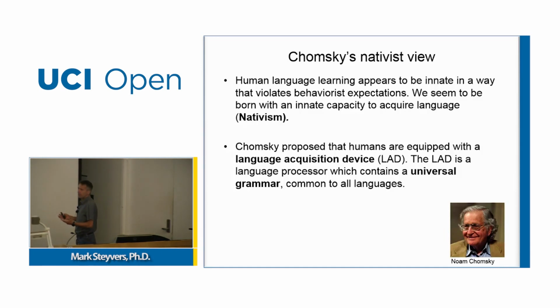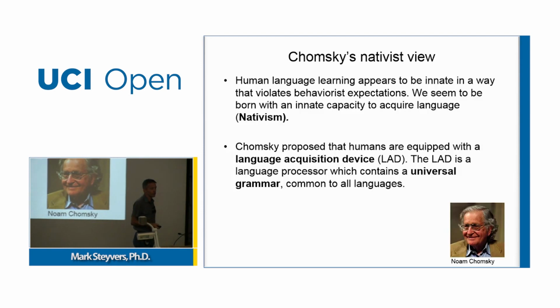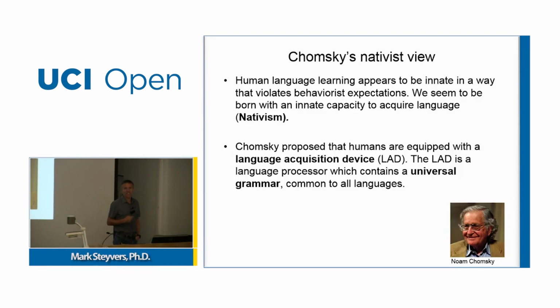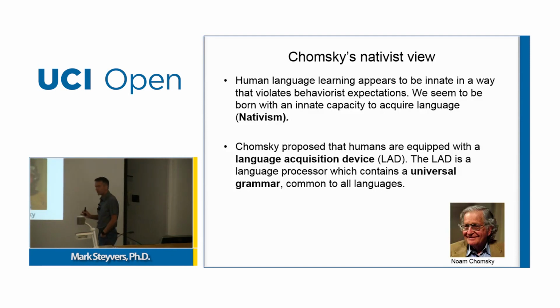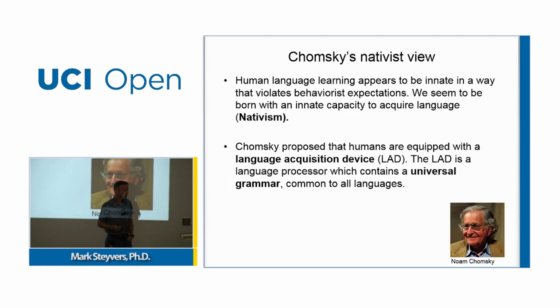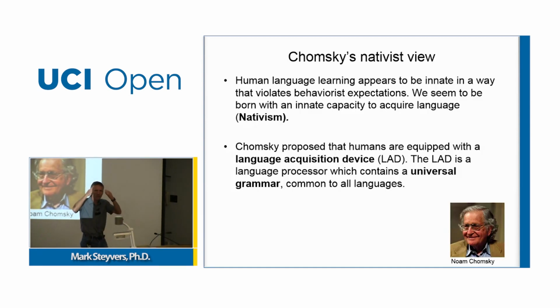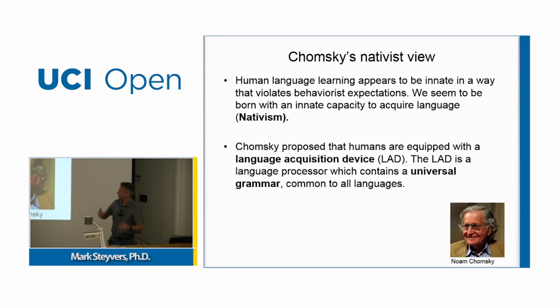So findings like this have led some famous linguists like Noam Chomsky to argue for this nativist view. That yes, some aspects of language can be learned from experience and statistics, but in the end you need to invoke some concept that relates to biology or genetics.